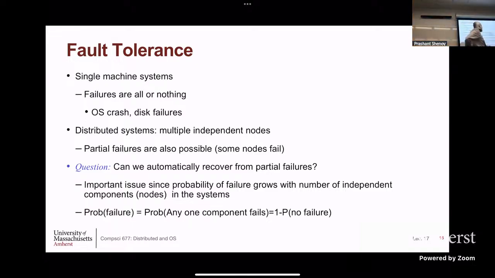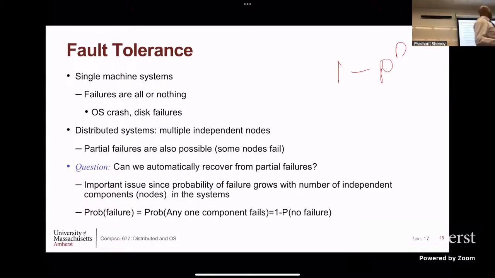And that's basically 1 minus the probability of no failure. You will see that as n goes up, that number is going to trend to 1. The reason is, let's say p is the probability of a machine staying up. Probability of a failure is 1 minus p to the power n. So p means no failure, so p to the power n is none of the machines have failed. 1 minus p to the power n is some machine has failed.